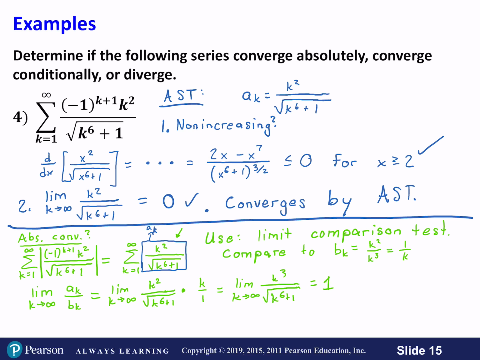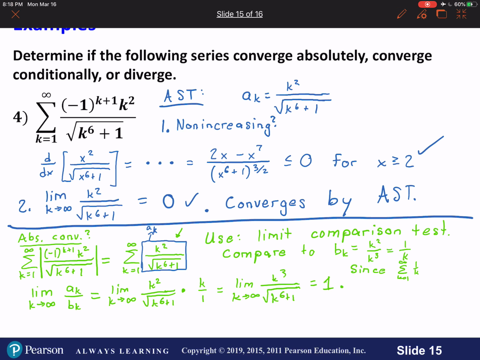All right, so if we remember the limit comparison test, basically, if we get any number between 0 and infinity, then both a_k and b_k have the same behavior. So we write out our conclusion statement.